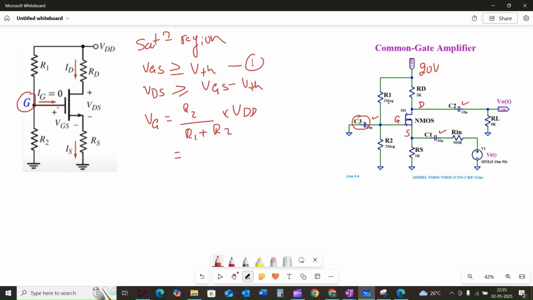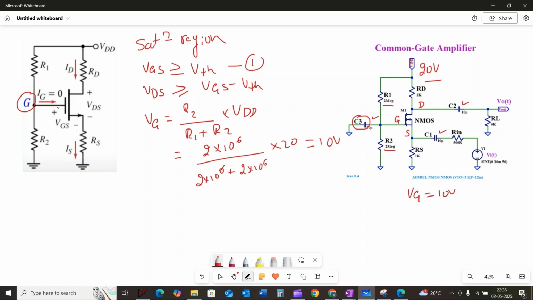Here we are considering R1 as 2 megaohm, R2 as 2 megaohm and VDD as 20 volt. So 2 times 10 to the power of 6 divided by 2 times 10 to the power of 6 plus 2 times 10 to the power of 6, times 20, which is equal to 10 volt. So our gate voltage VG is equal to 10 volt.